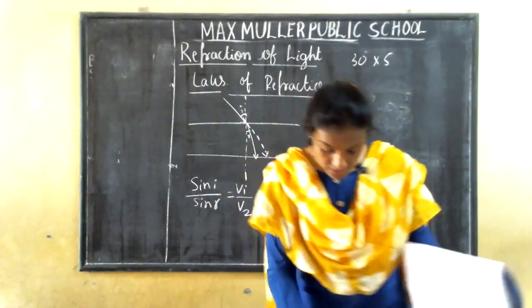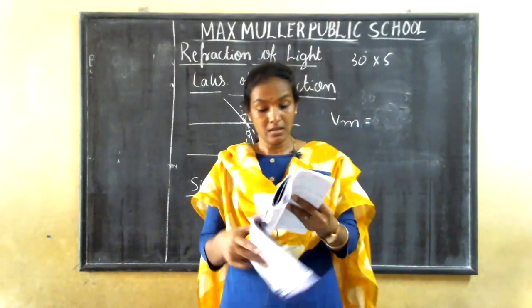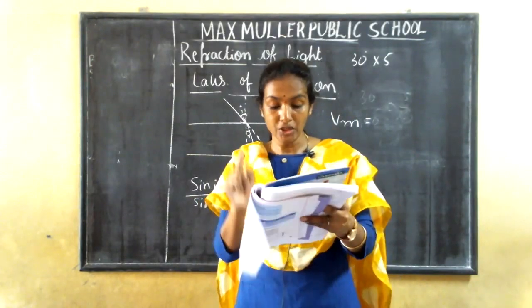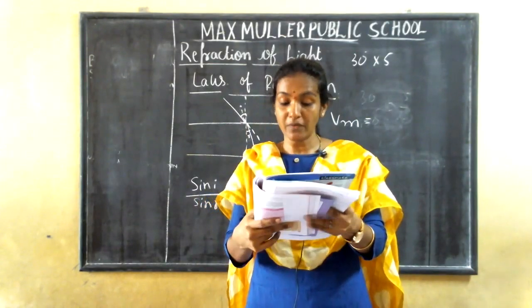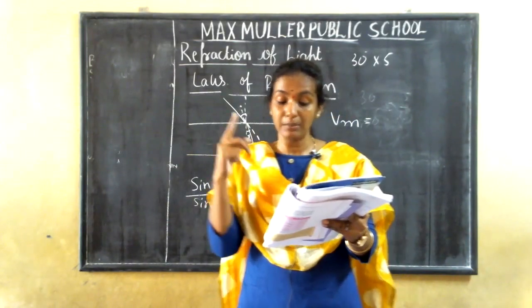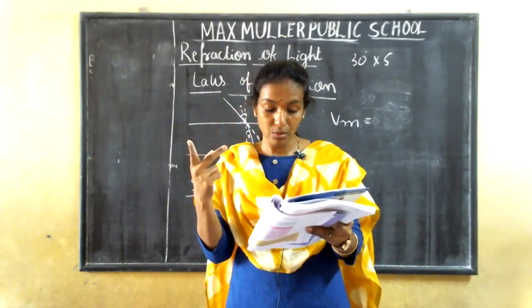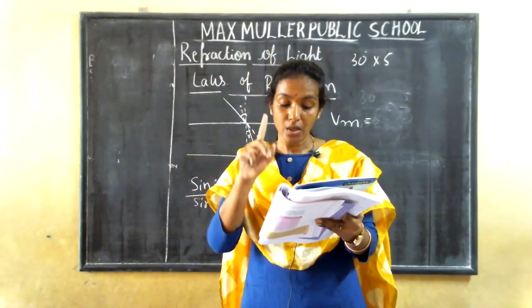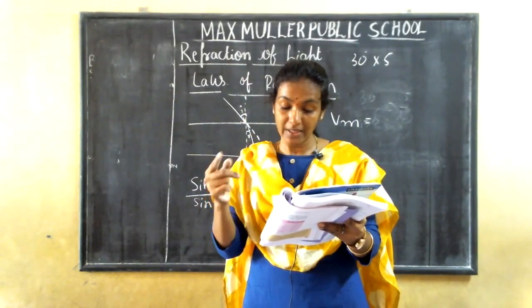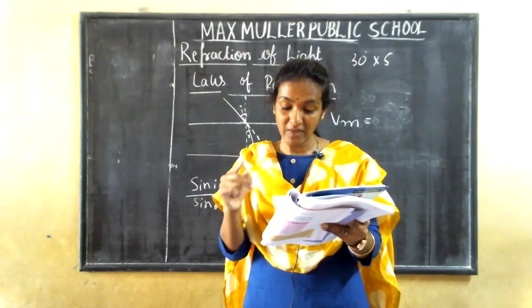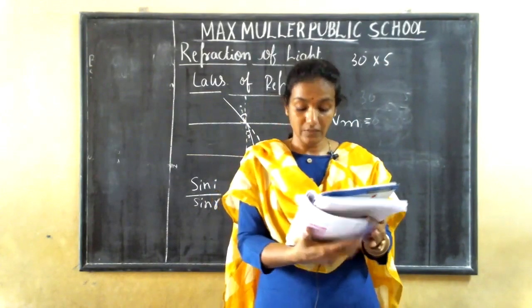So these are some formulas you will get: N21 equals V1 by V2, the speed of light in medium 1 over the speed of light in medium 2, and N12 equals the speed of light in medium 2 divided by the speed of light in medium 1, V2 by V1.